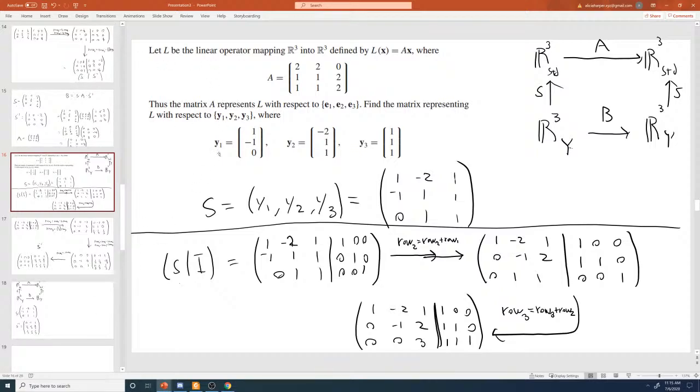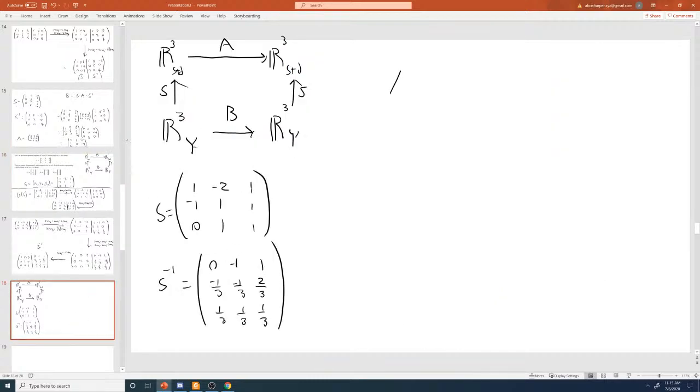So A is from here, so let me transcribe it. A is 2, 1, 1, 2, 1, 1, 0, 2, 2.